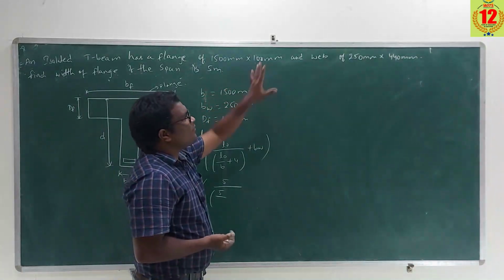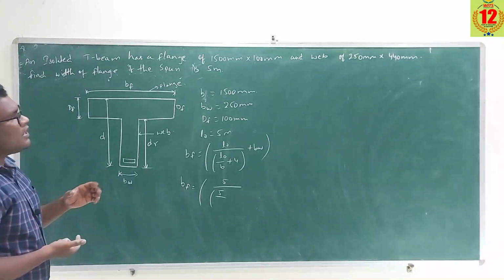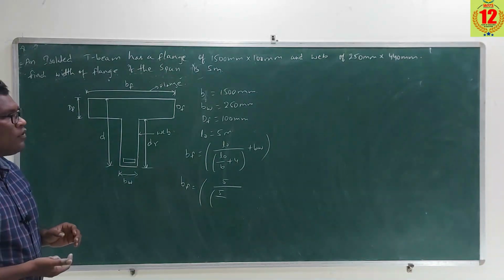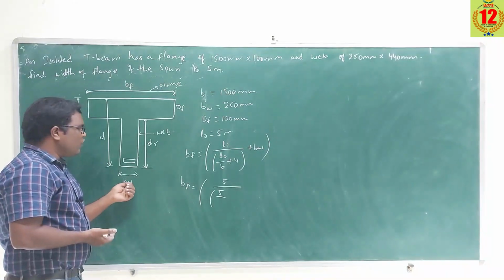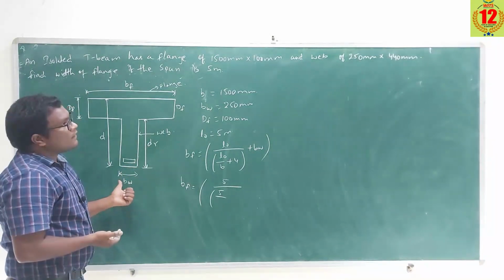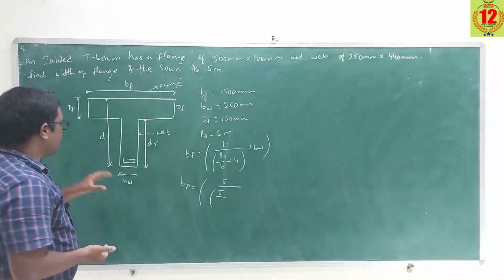And the web is 250 into 440 mm. Here the width of rib BW equals 250 mm, and DR equals 440 mm, and these are the given data.